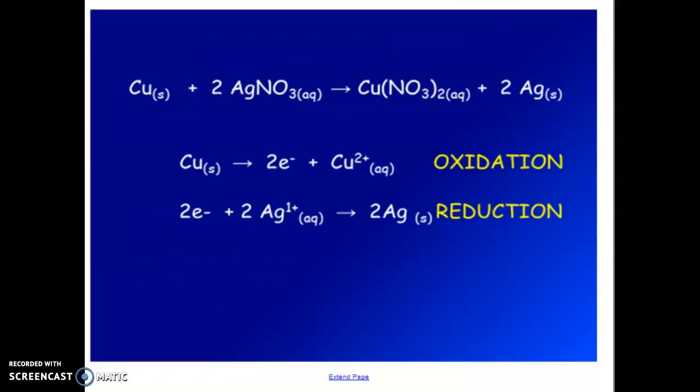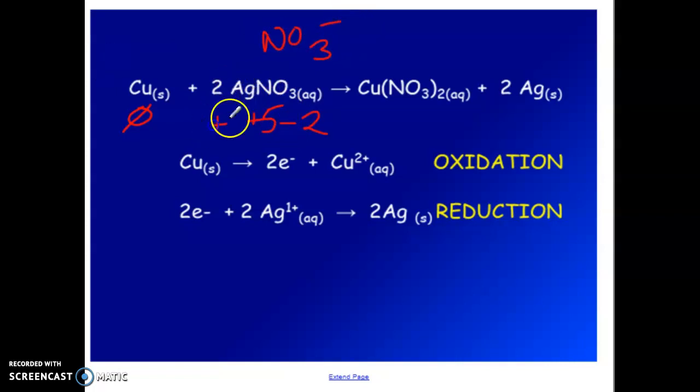Okay, so copper, 0. Okay, so remember that nitrate is a polyatomic ion. So you have here oxygen is -2, but there are 3 of them. So this is -6. Nitrogen is then +5, for that to add up to -1.